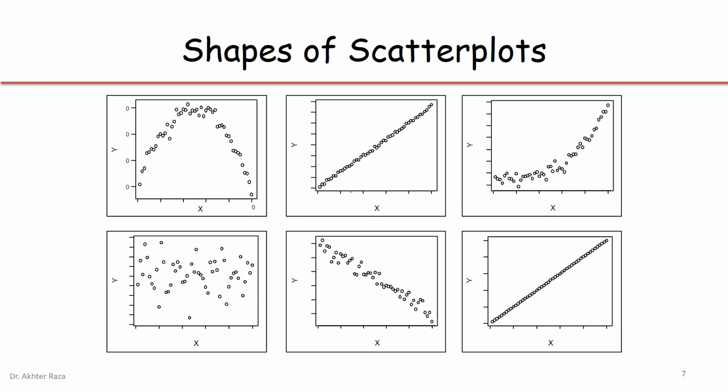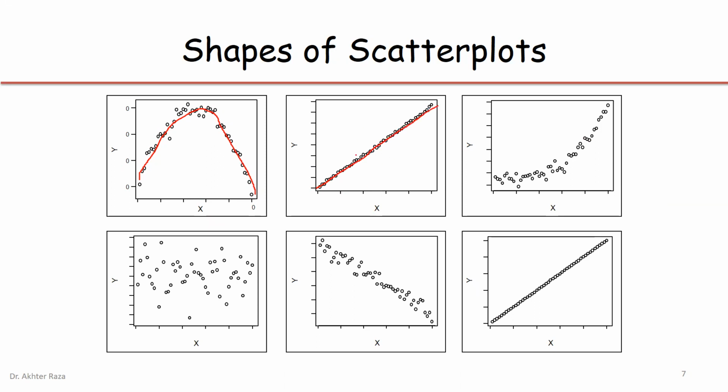You can analyze these graphs, these scatter plots. We have a strong relationship between the variables, but this relationship is not linear. So we can say that we have a non-linear relationship among the two variables. In the second graph, we have a very strong relationship, or we can say a perfect relationship.